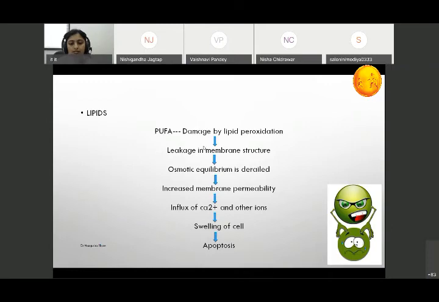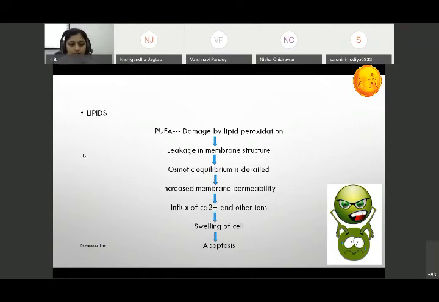That leakage will derail the osmotic equilibrium inside the cell. Due to this derailment, there will be increased membrane permeability. That leads to influx of calcium ions and other ions inside the cell. The cell will undergo swelling and then cell death. That is known as apoptosis.